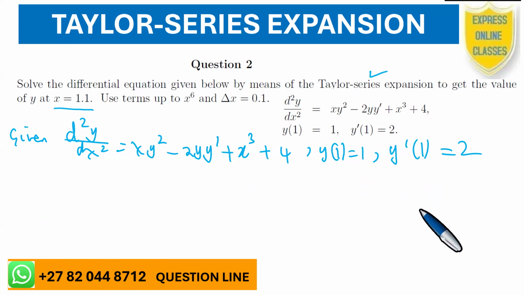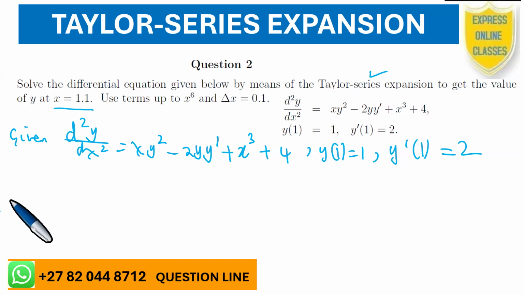So we have been given that differential equation, which is a second order differential equation. But also we have been given the two initial values, y at 1 equals 1 and y prime at 1 equals 2.